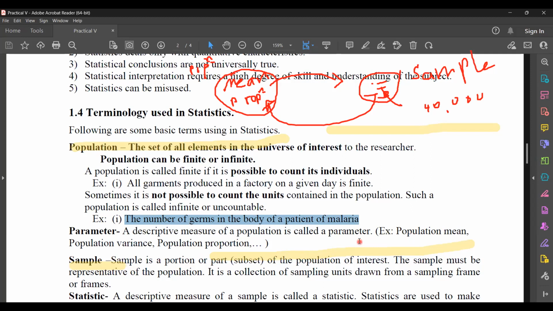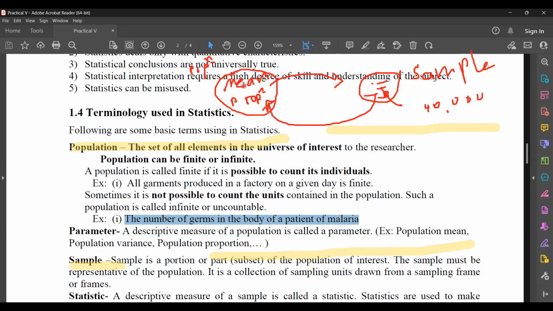Now I want to explain what a parameter is. I discussed it earlier. A parameter is a descriptive measure of a population. For example, population mean, variance, proportion, standard deviation, and so on, right? Simply, the characteristics of a population are called parameters.